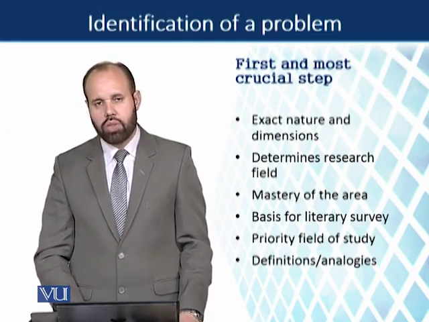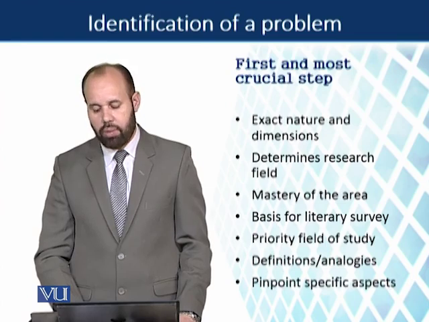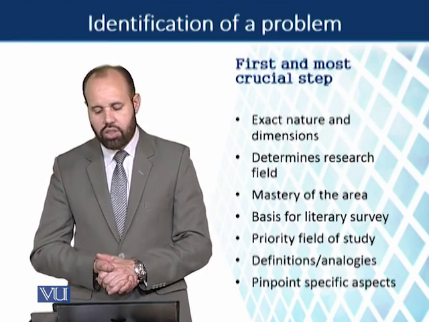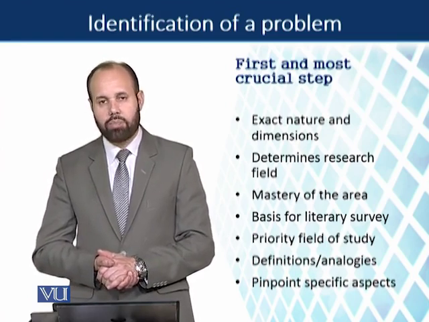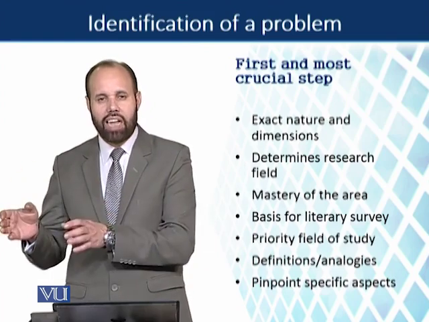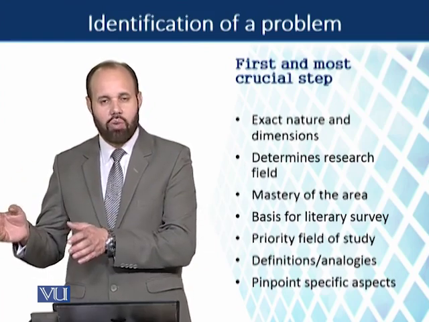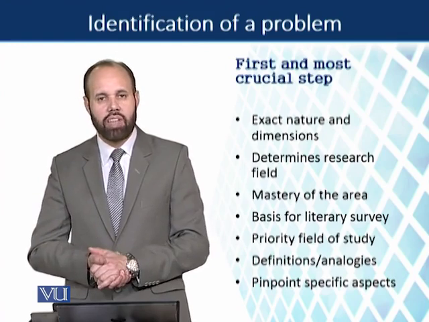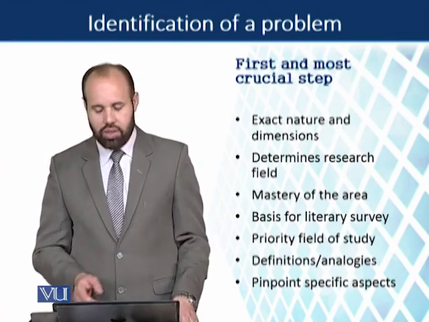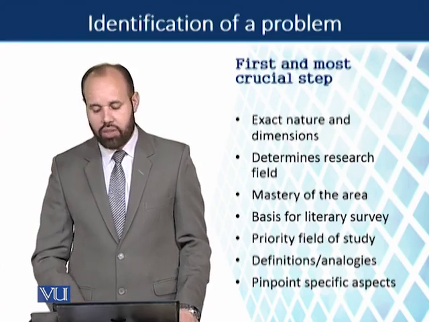That is part of the identification of the problem. And the identification of a problem is definitely related to pinpointing specific aspects of that problem, right? What specific aspects are to be recorded, what the crucial important points of that problem are which must be known. That is part of the problem statement, okay?